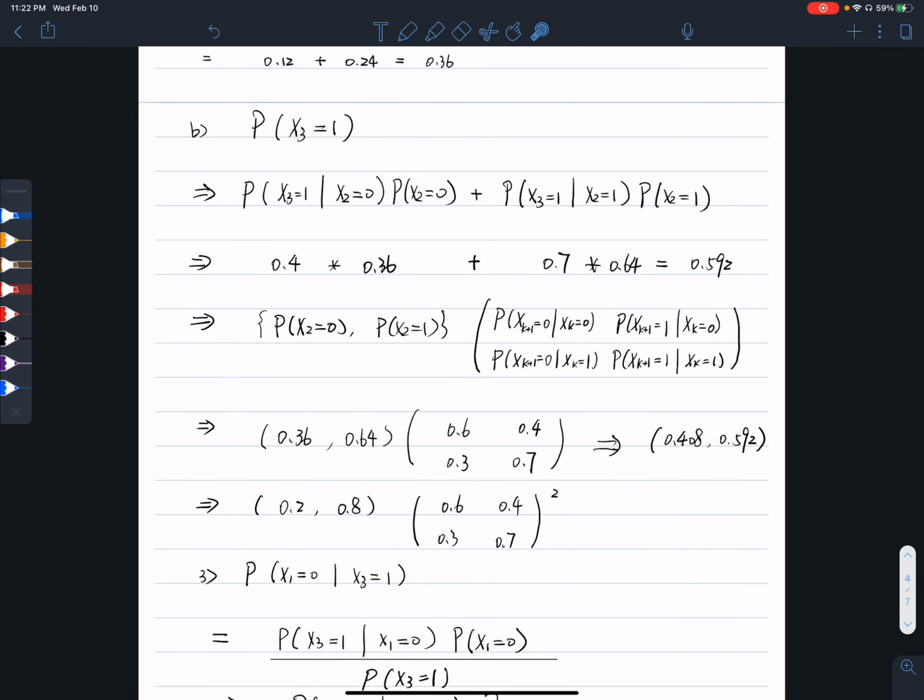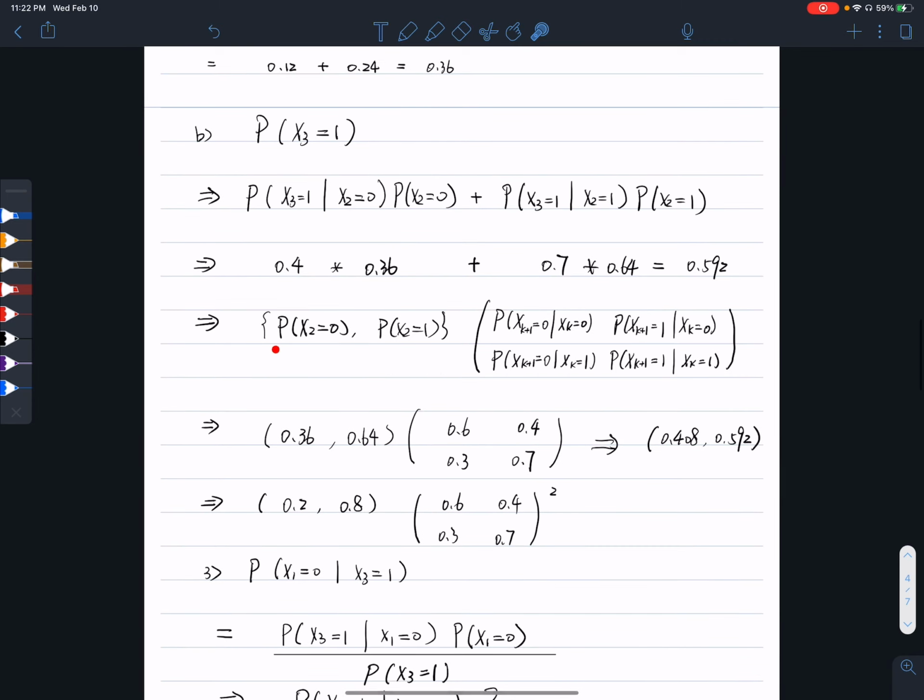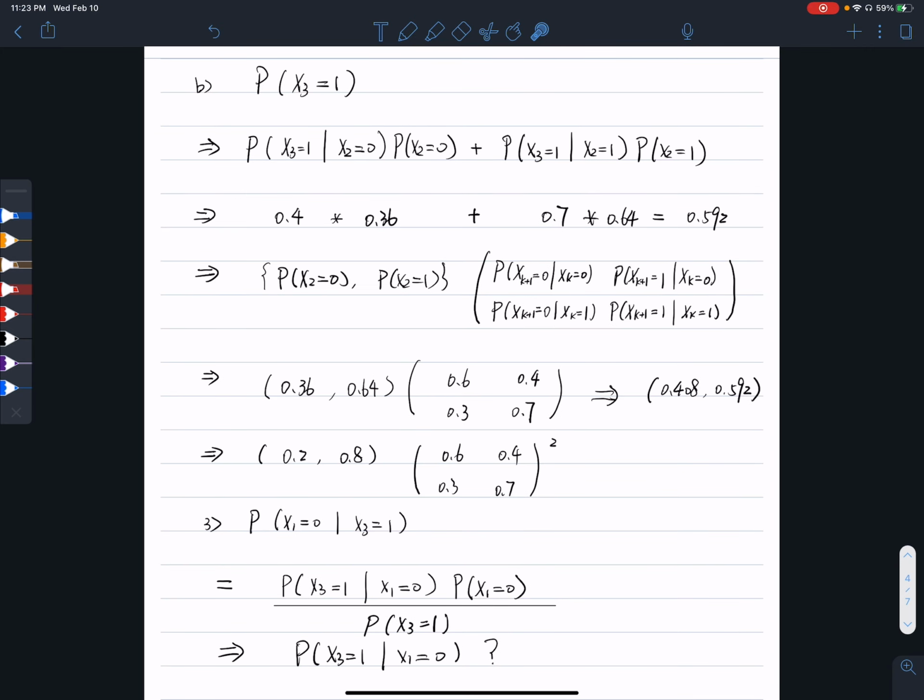And we also see that in this question, we can do it with a matrix. So the probability x2 equal to 0 and the probability x2 equal to 1 times the conditional probability matrix. So here it is 0.6, 0.4, 0.3, 0.7, and this is 1 by 1. So after computing this multiplication, we got 0.408 and 0.592, which is also similar to the answer we calculated before.